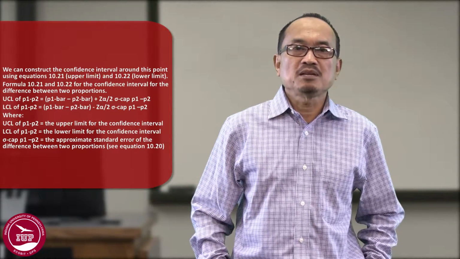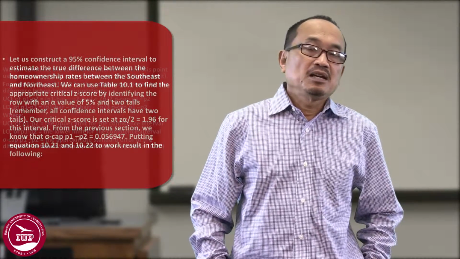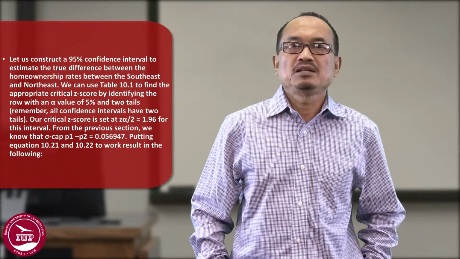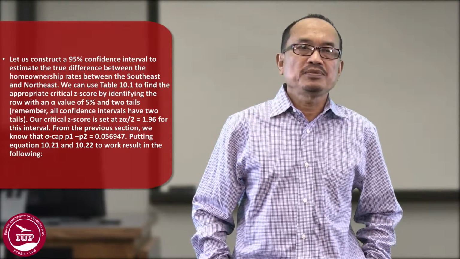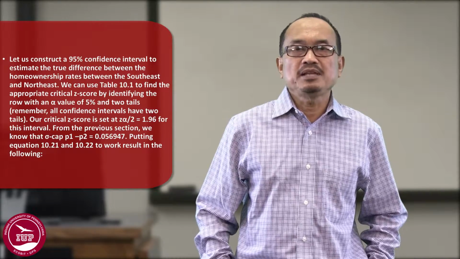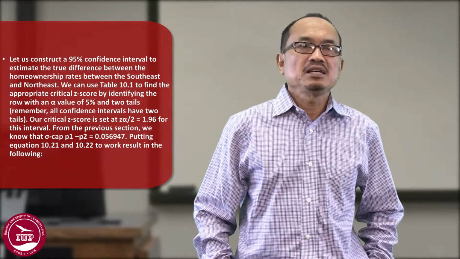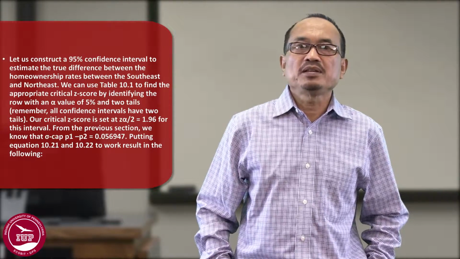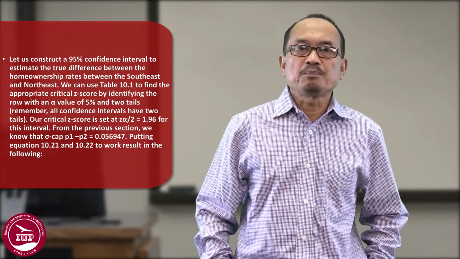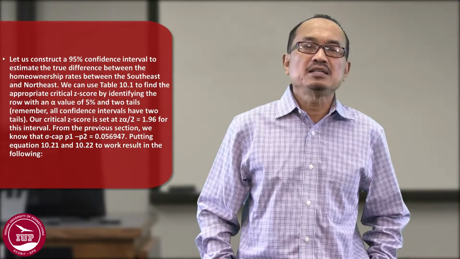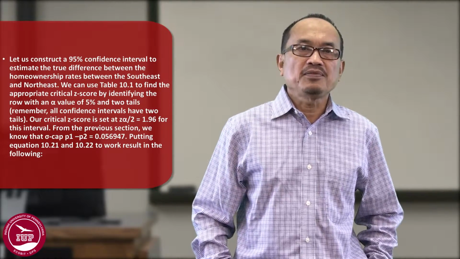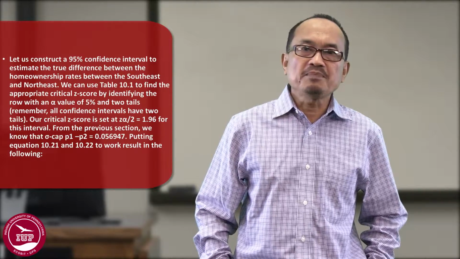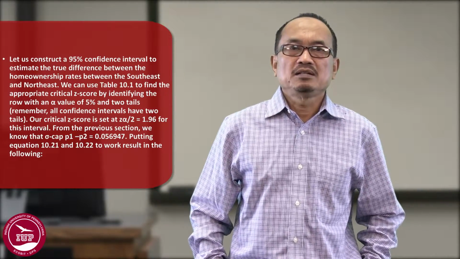See equation 10.20. Let us construct a 95% confidence interval to estimate the true difference between the ownership rates in the Southeast and Northeast. We can use table 10.1 to find the appropriate critical z-score by identifying the row with an alpha value of 5% and two tails.